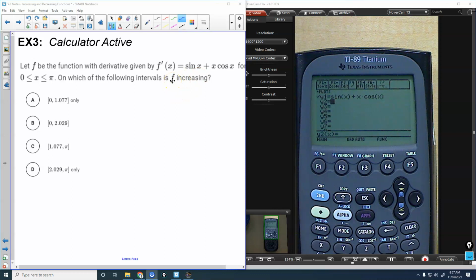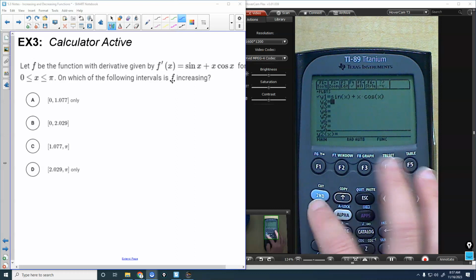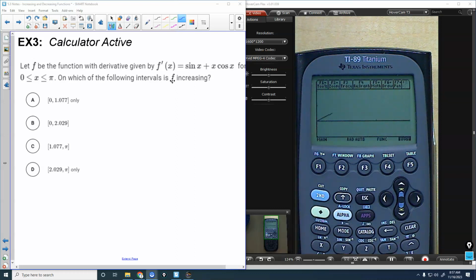So what we're going to do is go to the graph, and I know it would give us a much better picture if we looked at this on Desmos, but we can't use Desmos. Maybe AP is going to come around before long and put Desmos on there, but not yet. They do give us an interval to look at.